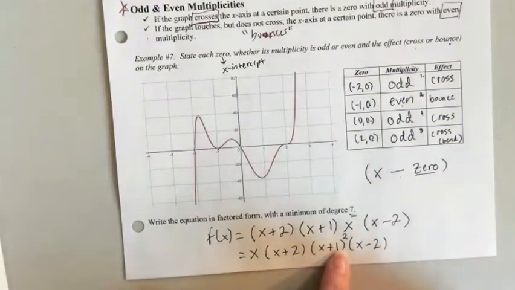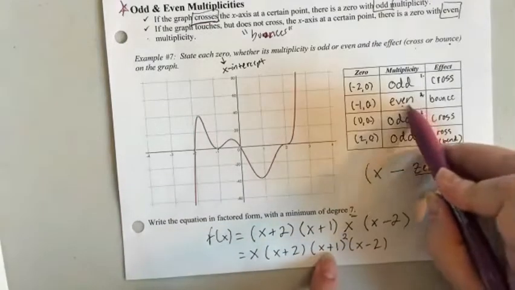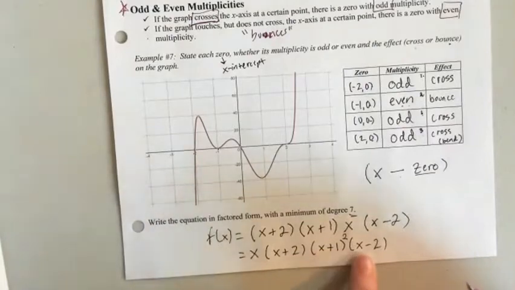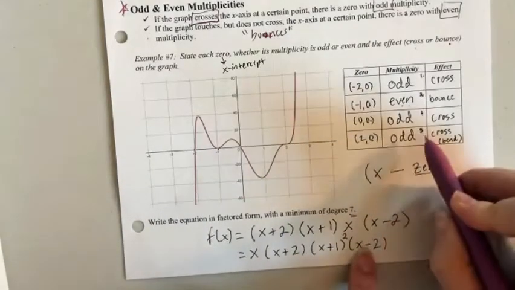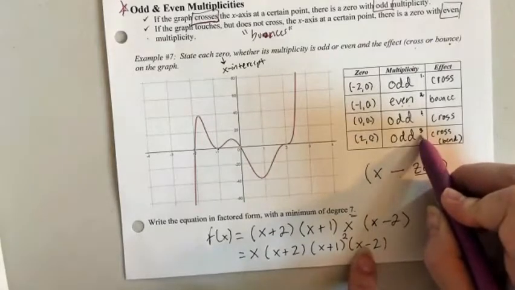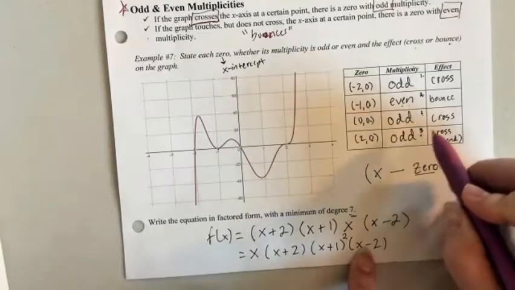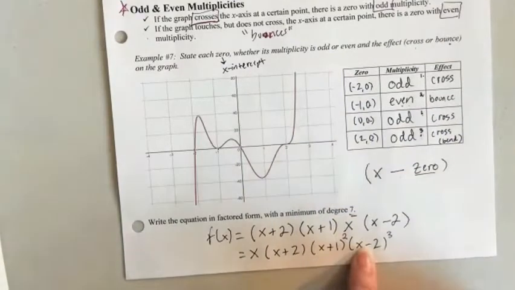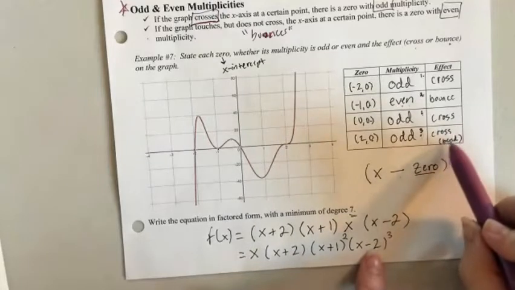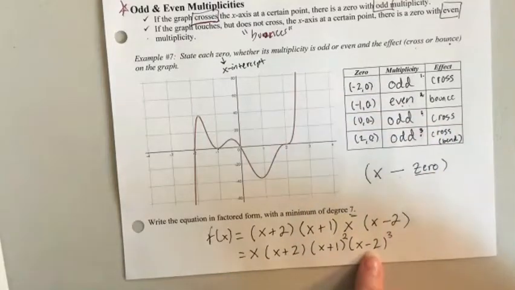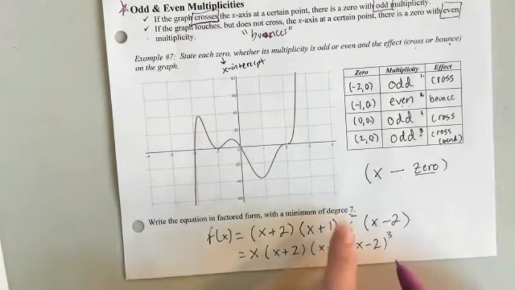So I'm going to add an exponent of 2 so that there's 2 copies of x plus 1 and an even multiplicity. And then x minus 2 corresponded to this 0. It's going to need an exponent of 3 or 5 or 7. I'm going to choose 3 so that it will have this crossing and bending effect on the graph.